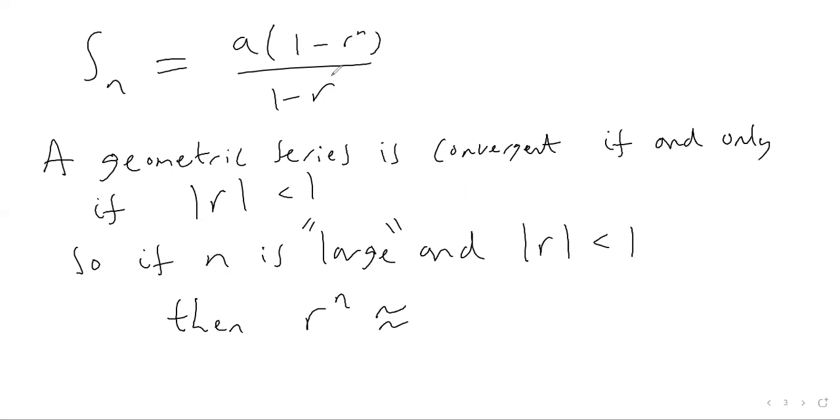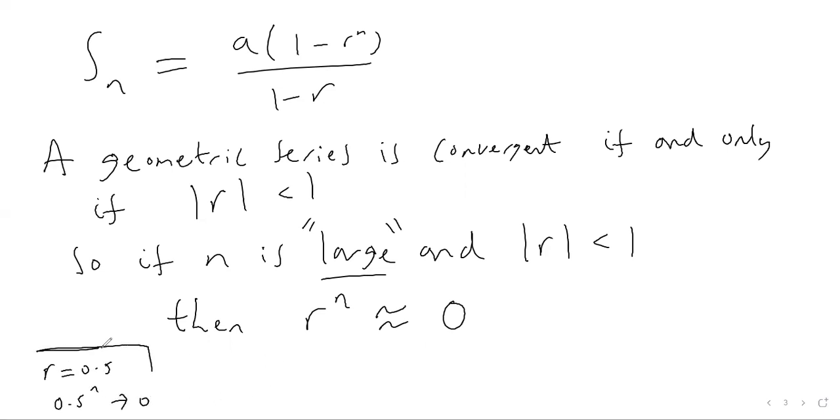If n, this number here, is a large, massive number, and if this r value has a size less than 1, then r to the power of n is about 0. If you pick r equals 0.5, for example, 0.5 to a massive number is going to be close to 0.